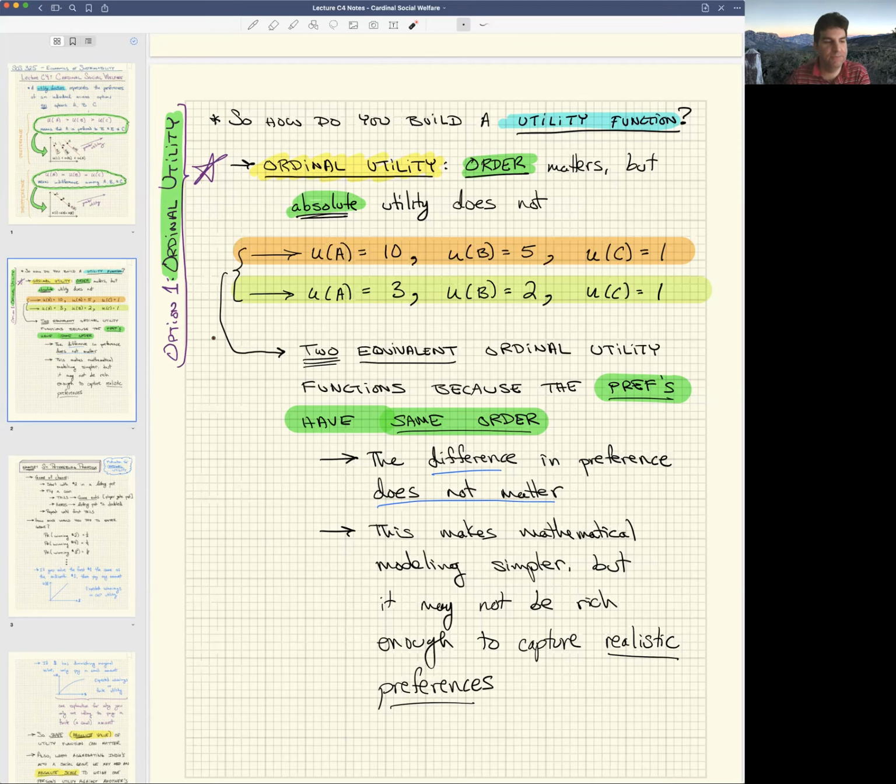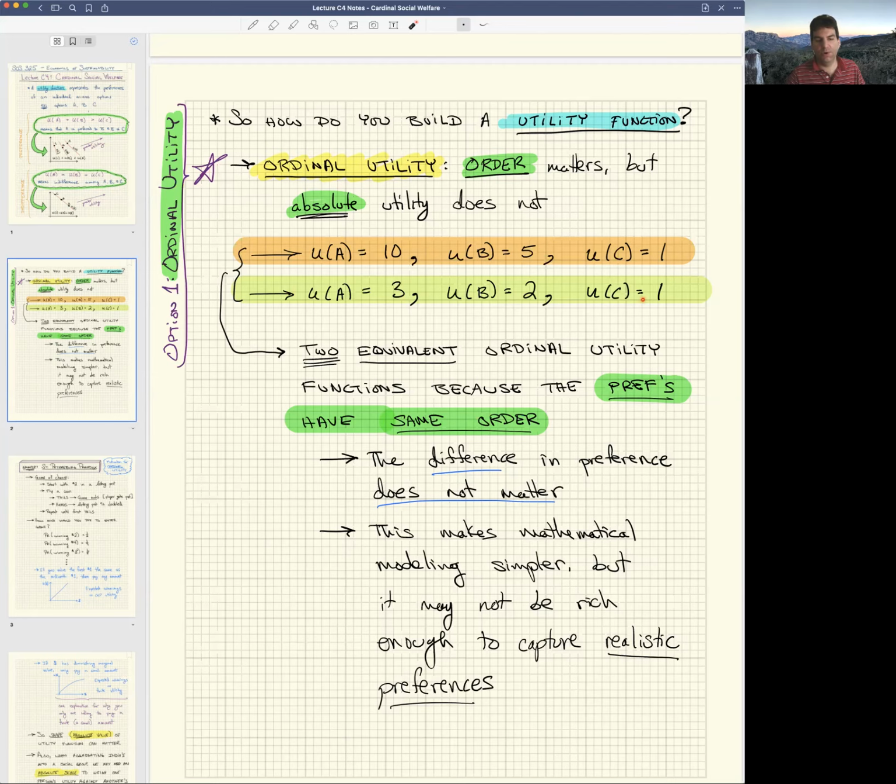So say we build a utility function for A, B, and C. All we care about is modeling that somebody prefers A over B and B over C. Well, I could build a utility function where however I calculate A comes up with a 10, B comes up with a 5, and C comes up with a 1. Those are all ordered as I want them to be ordered. But I could have also come up with a different way so that they're just ordered: A is a 3, B is a 2, and C is a 1.